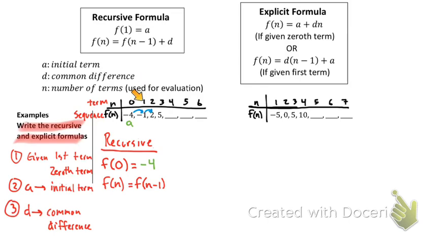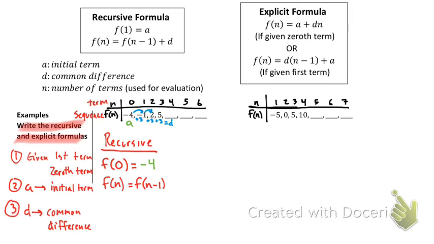So if we go from -4 to -1, I'm actually adding 3. From -1 to +2, we are adding 3. From 2 to 5, adding 3. Okay? So it's pretty straightforward. Our common difference is equal to 3.